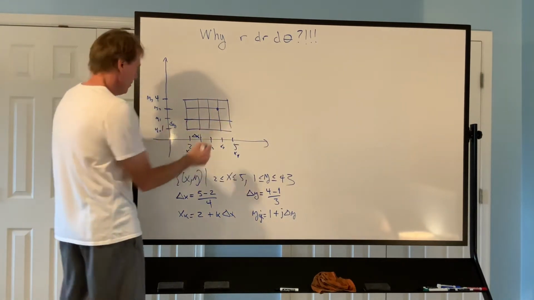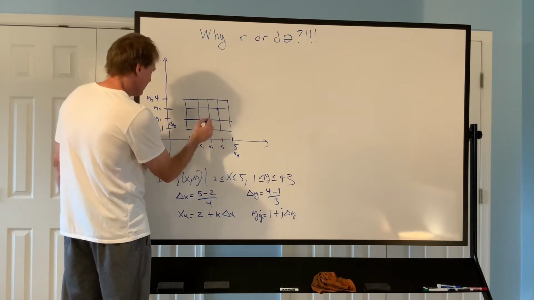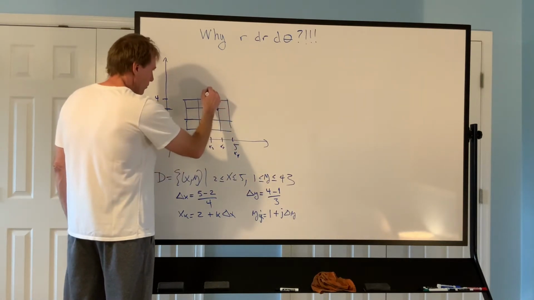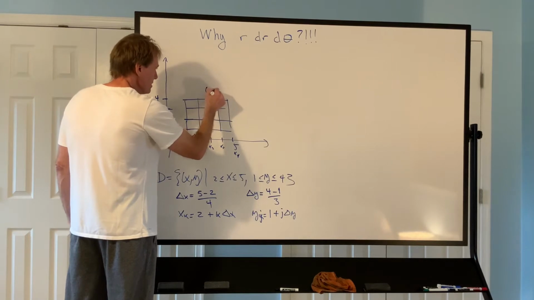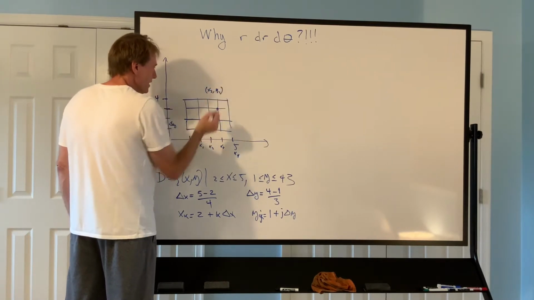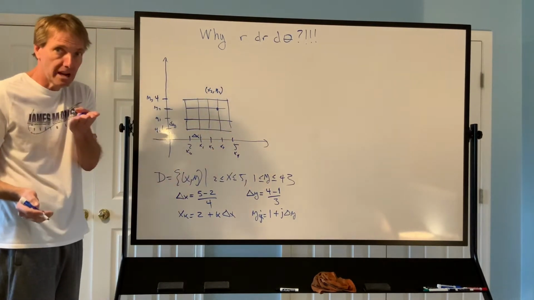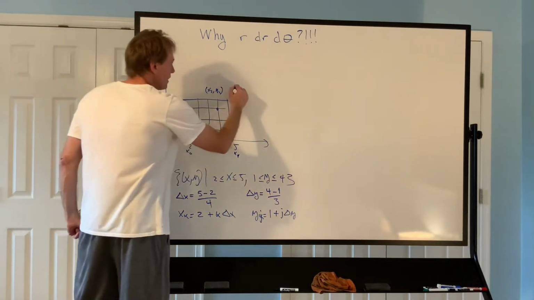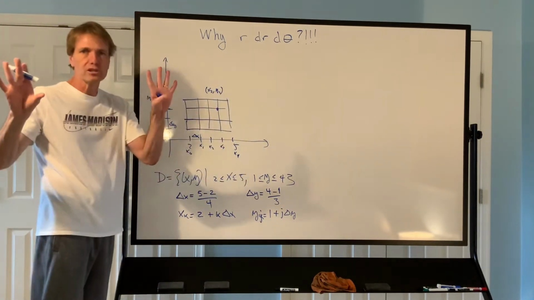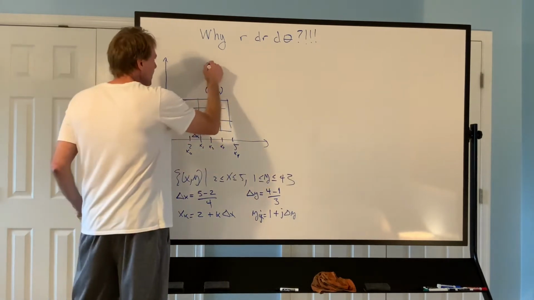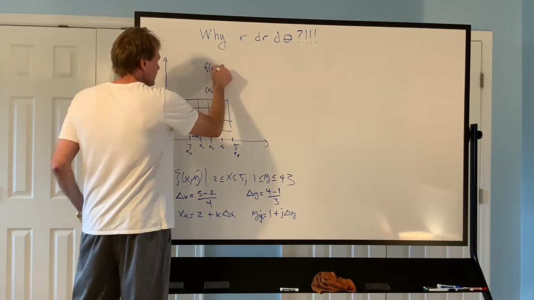For example, that point right there would be x3, y2. And in our approximation, we're just going to evaluate f of x3, y2.